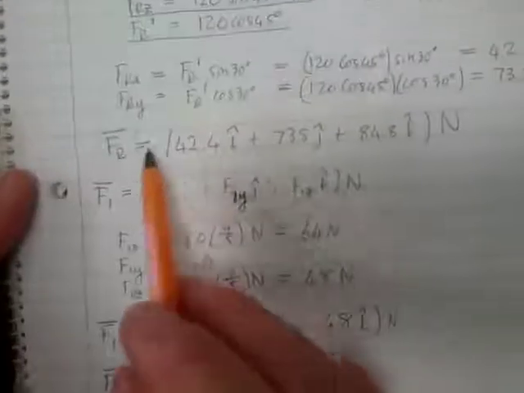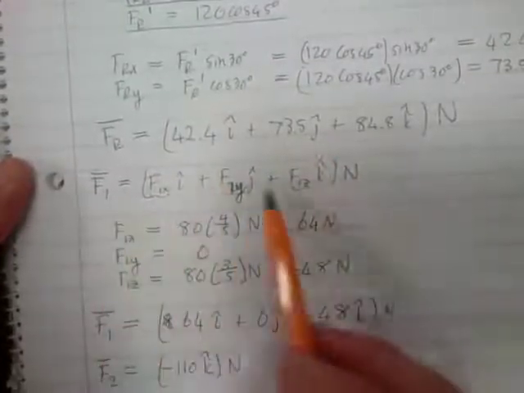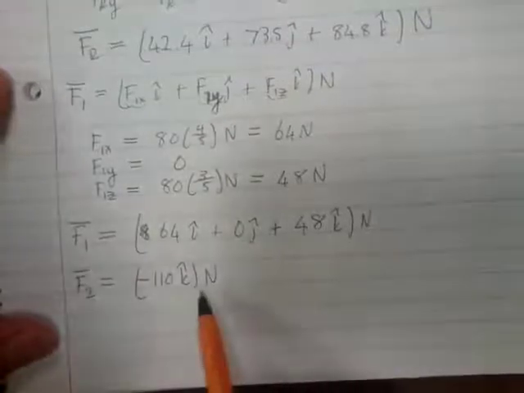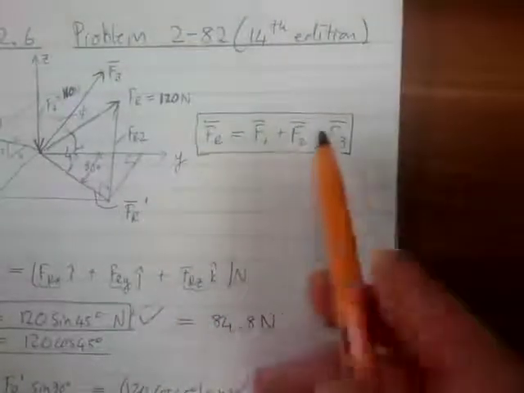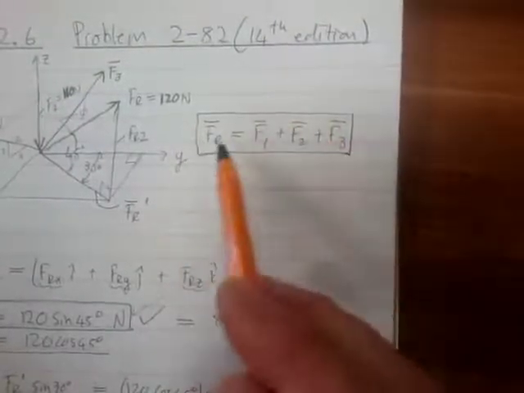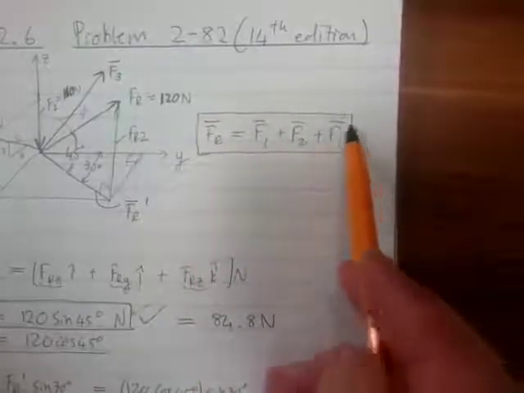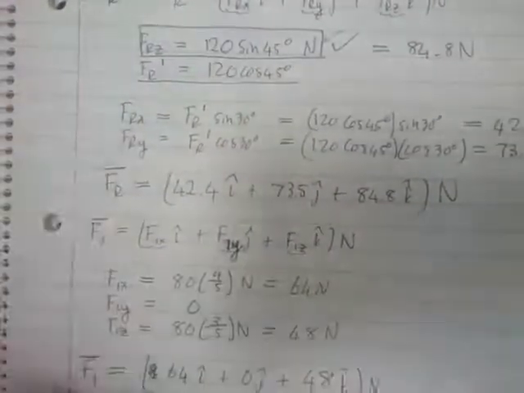Alright. So we've got the resultant force, F1 and F2 in Cartesian vector form. So remember, this is what we're after. This governing equation will allow us to calculate the unknown F3. Alright, so let's move on. Let's turn the page.